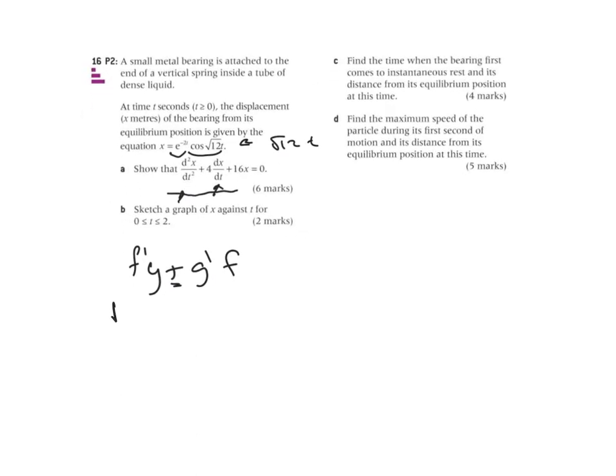So dx dt is going to be, I'm going to do the derivative of the first one, which is negative 2e to the negative 2t, times cosine of root 12t, plus the e function multiplied times the derivative of the cosine root 12t.